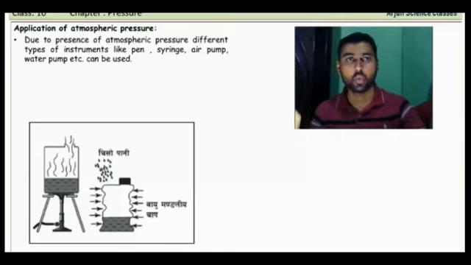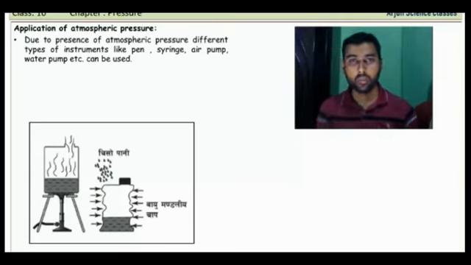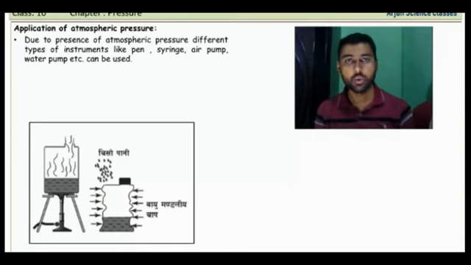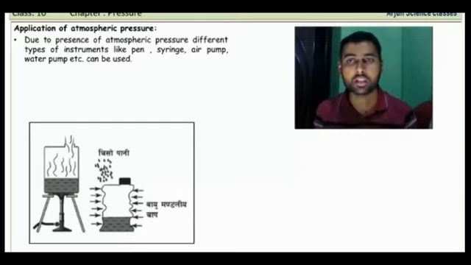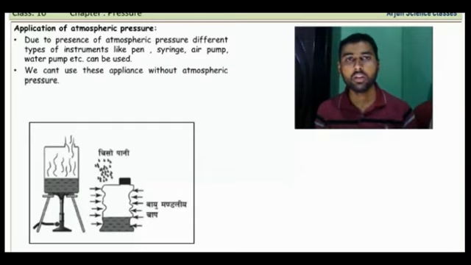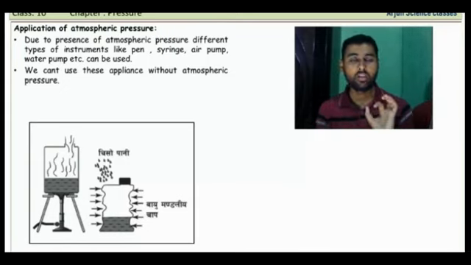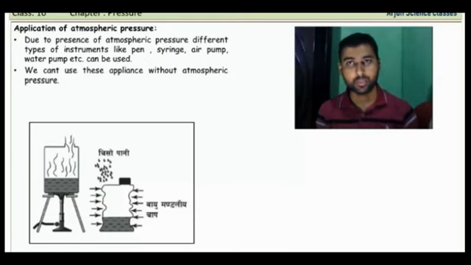These appliances can work only due to atmospheric pressure, and we cannot use them without atmospheric pressure. You need to understand this application of atmospheric pressure.